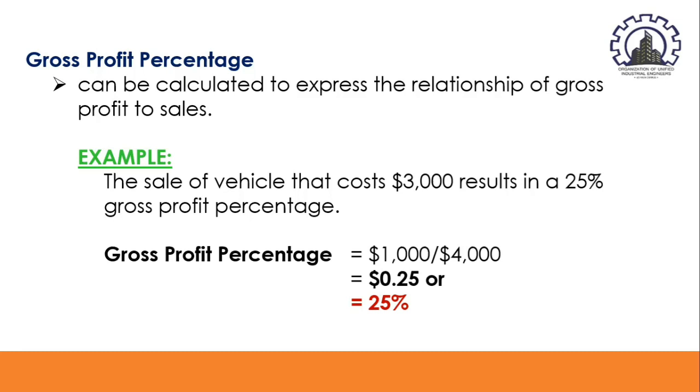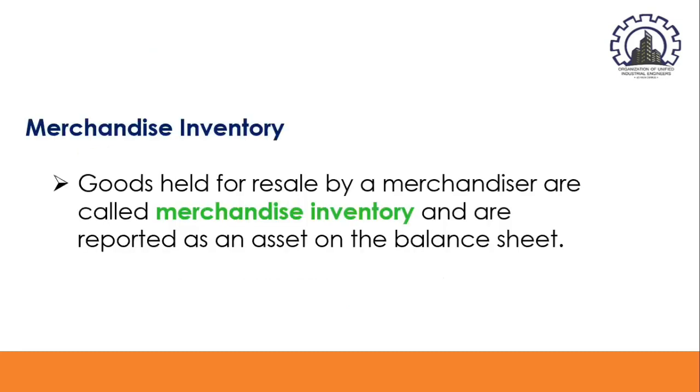Now, aside from the income statement, another difference between a service company and a merchandiser relates to the balance sheet. A merchandiser purchases goods for resale, and these goods being purchased are what we call the merchandise inventory.